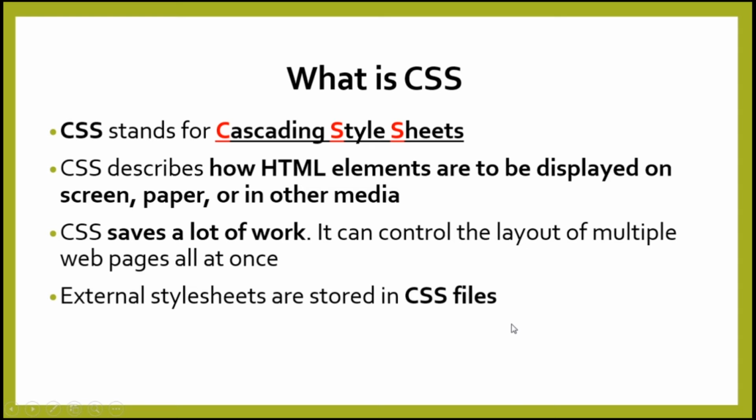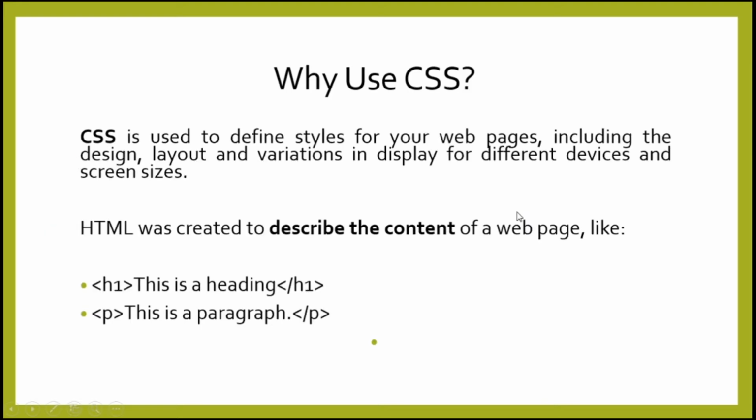Actually, guys, there are 3 types of CSS that we will be learning. CSS is used to define styles for your web pages, including the design, layout, and variations in display for different devices and screens. HTML was created to describe the content.